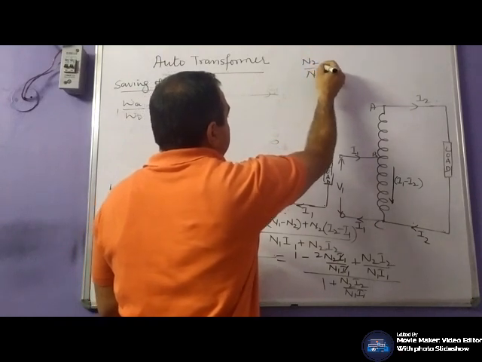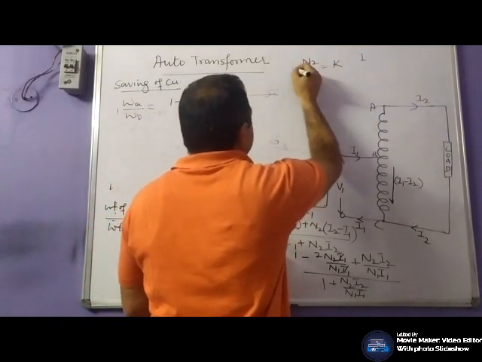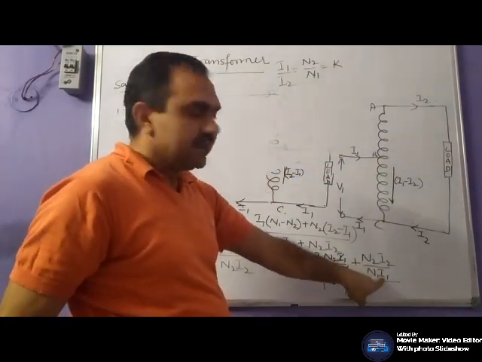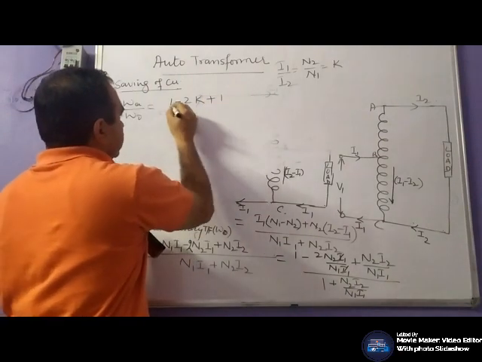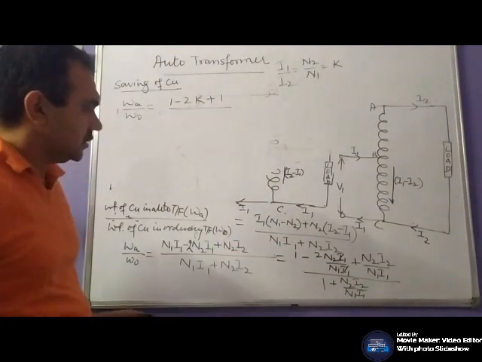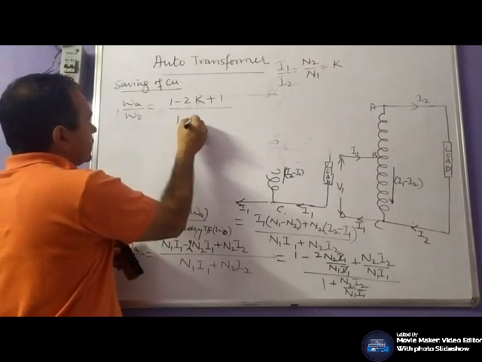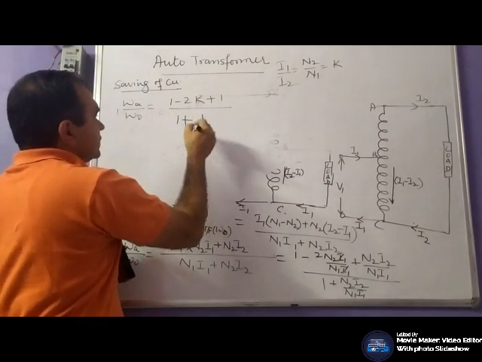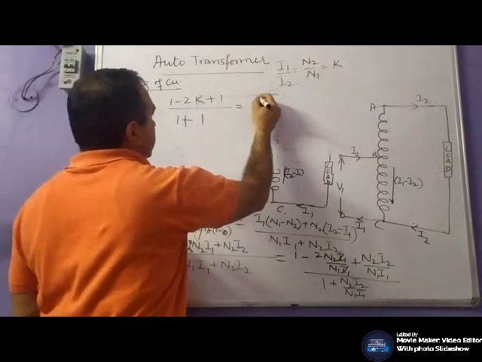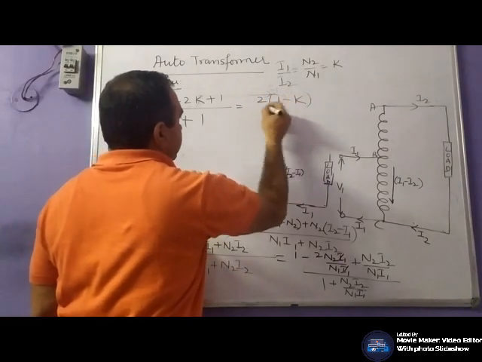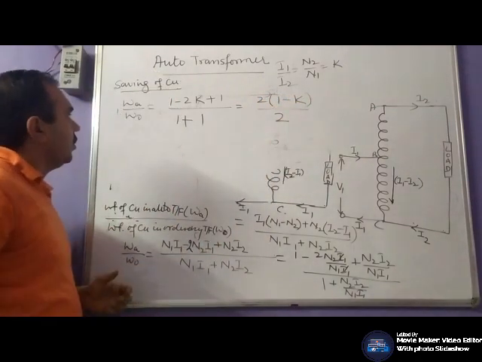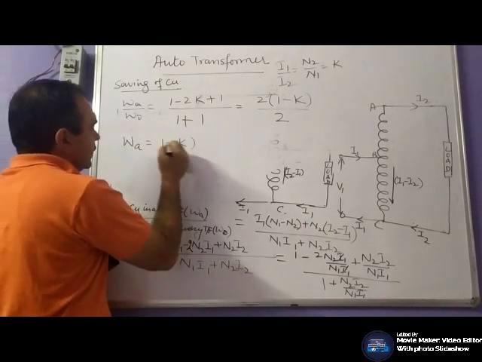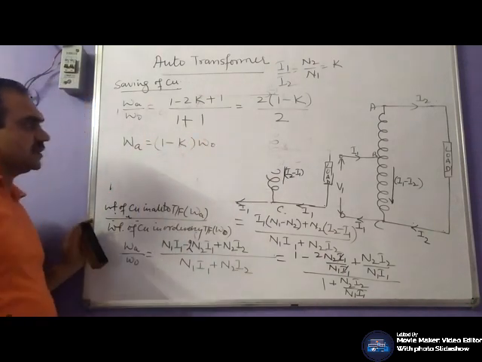N2 by N1 is K, and I2 by I1 is 1 by K, so K times 1 by K is 1. So the numerator is 1 minus K, and the denominator is 1 plus K times I2 by I1, which gives 1 plus 1, that is 2. So WA by WO will be 1 minus K divided by 2, or the weight of the auto transformer will be 1 minus K times the weight of the ordinary transformer.